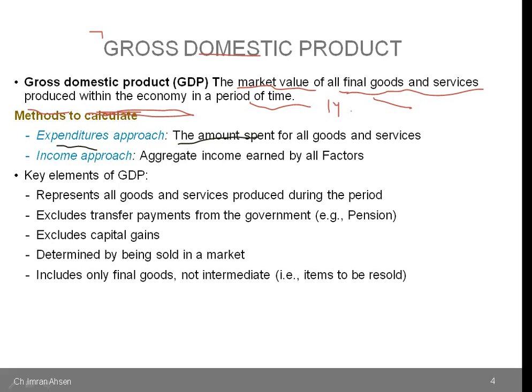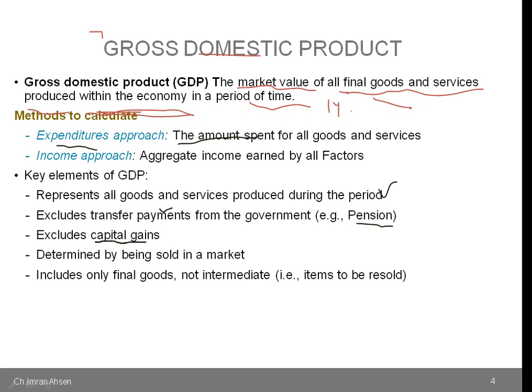Key elements of GDP: it represents all goods and services produced during the period. Number one, it excludes transfer payments. Transfer payments are what we earn or receive without any consideration, without working for them. For example, pension. It also excludes capital gains.